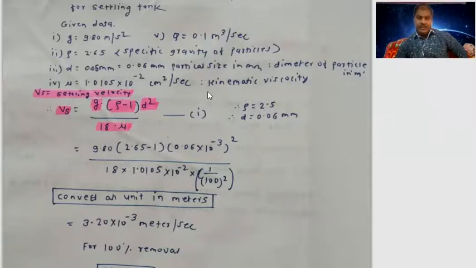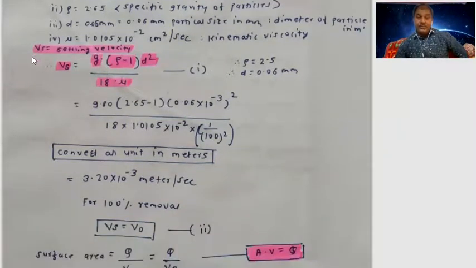The data is given. Okay, this problem may be solved by using the equation for settling velocity: Vs equal to g into (rho minus 1) d square divided by 18 mu. Here specific gravity is given, that is 2.65, and diameter of the particle is 0.06 mm.